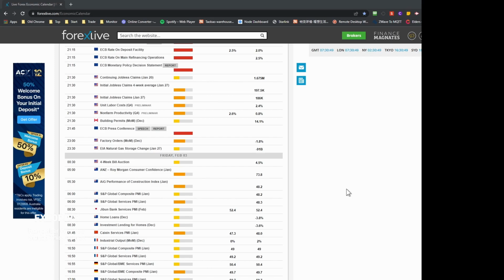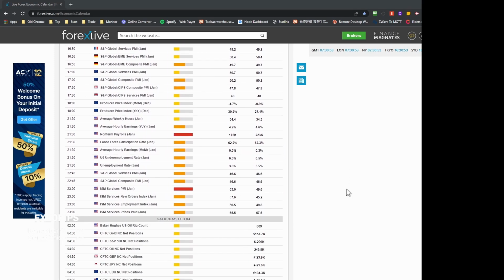Then on Friday, I believe there is also chart-moving news. There is the non-farm payroll.